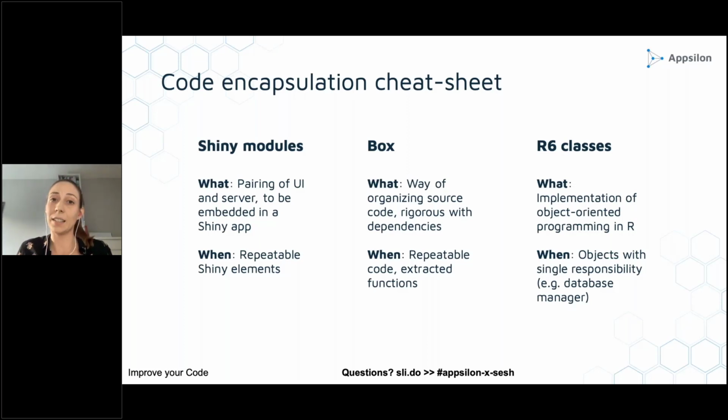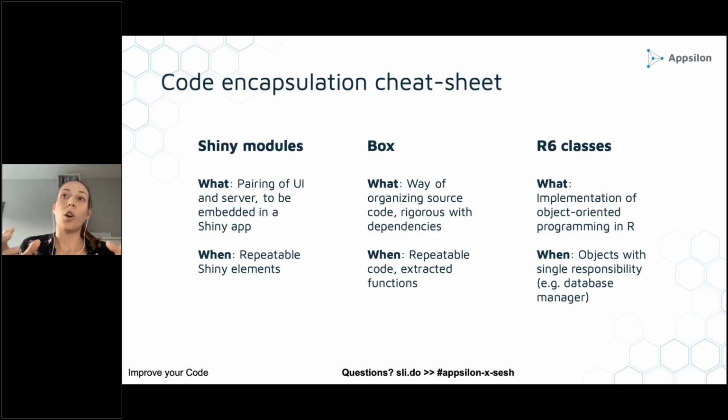And R6 classes, a bit more complicated concept, because this is an implementation of object-oriented programming in R. So if the OOP programming paradigm is familiar to you, this will be very easy. If not, this is just a bit different way of thinking, I would say. And when to use that?